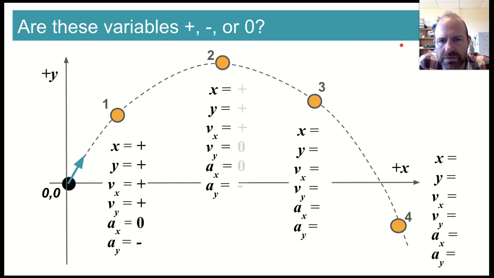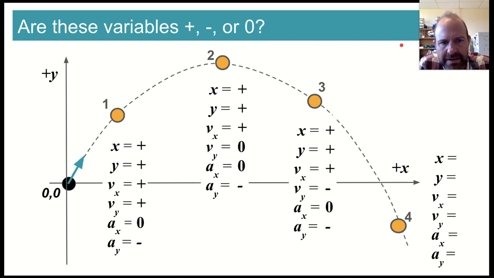If we go to point 2, right, we are still in the positive area for position. The x component of velocity is still positive, but here at the peak of the parabola, the y component of velocity is 0 for an instant. The x component of acceleration is still 0, and the y component is still downward or negative.